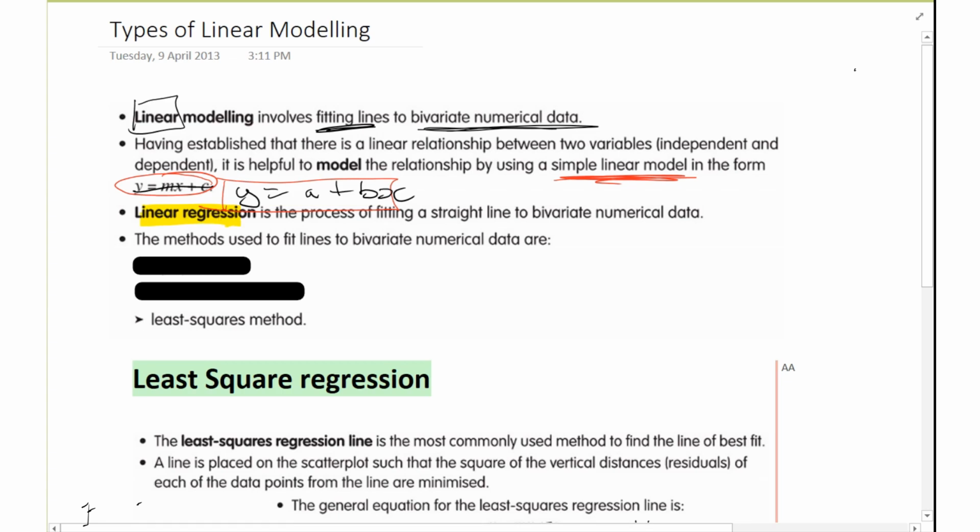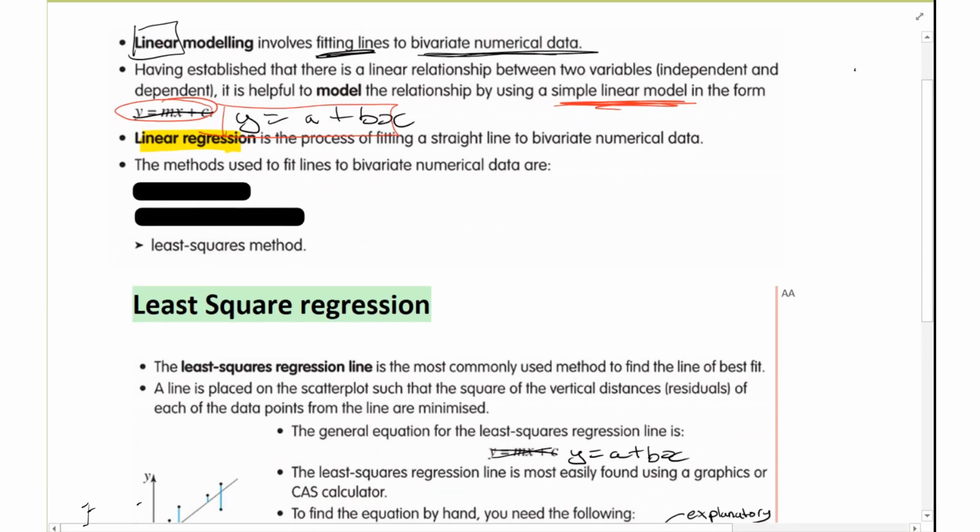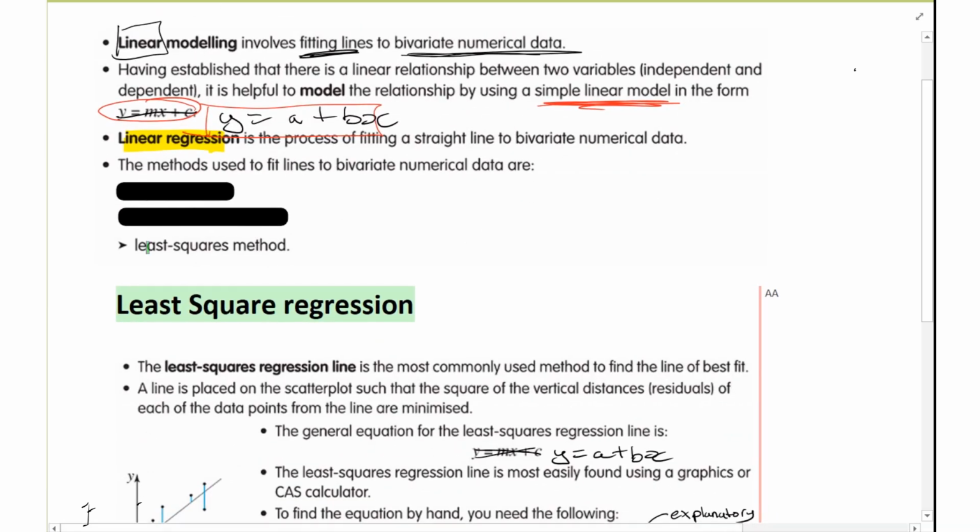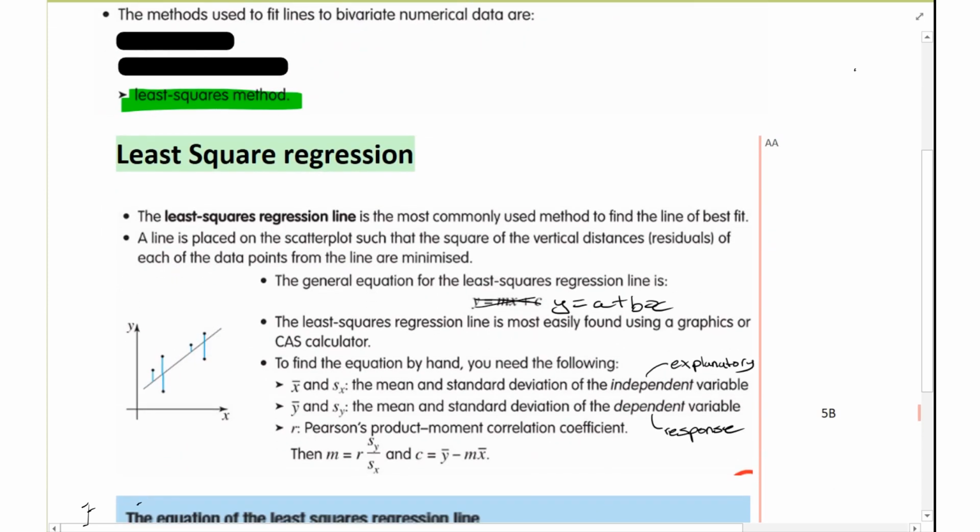Basically, linear regression is the process of fitting a straight line to bivariate numerical data. We use something called the least squares method. We don't use any other methods anymore, so we're just using least squares regression. This is one of the most common methods used to find a line of best fit.